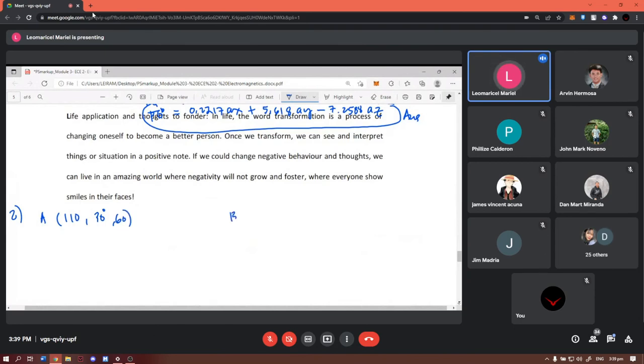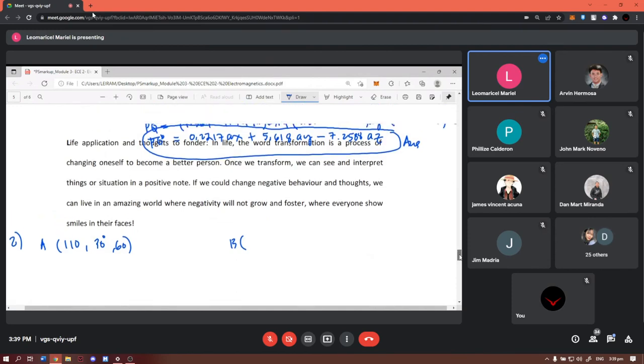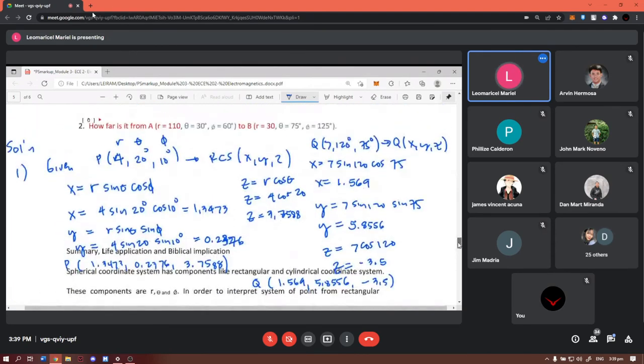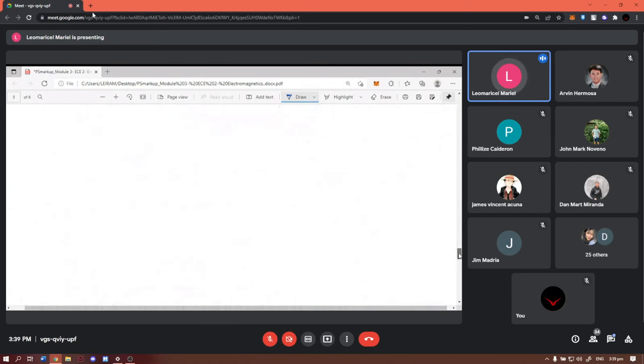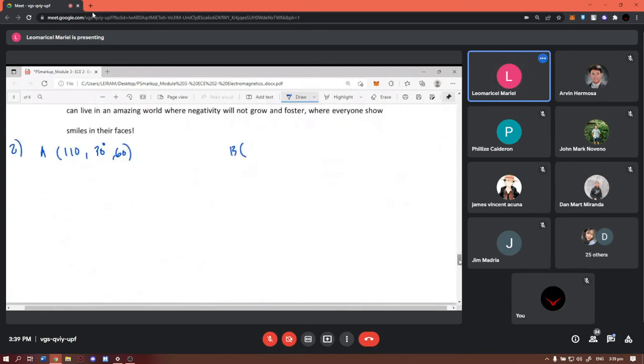Then yung ating vector B ay 30, 75 degrees, 125 degrees. So, ganun pa rin.